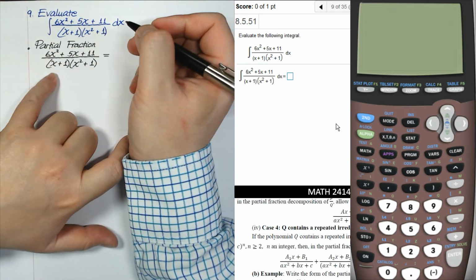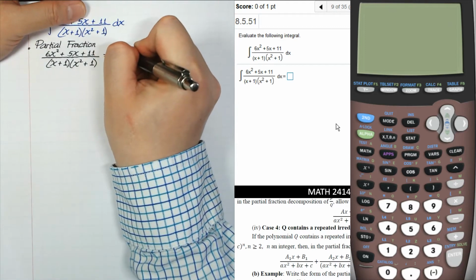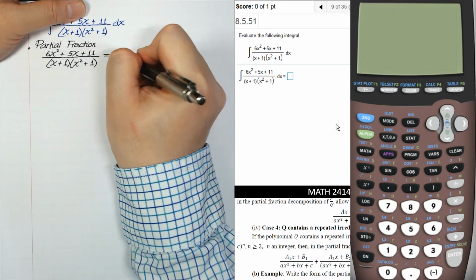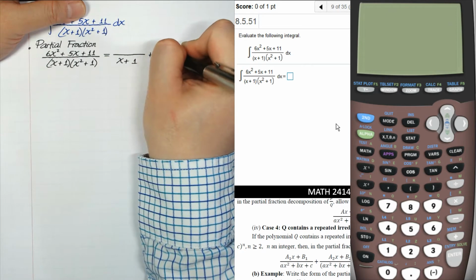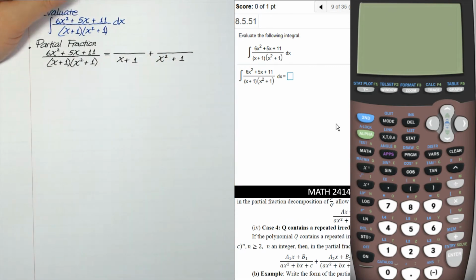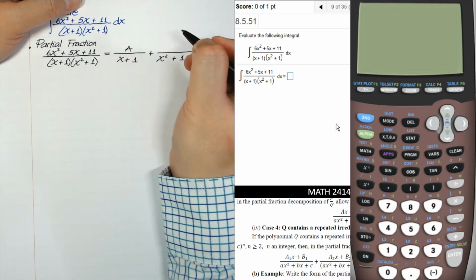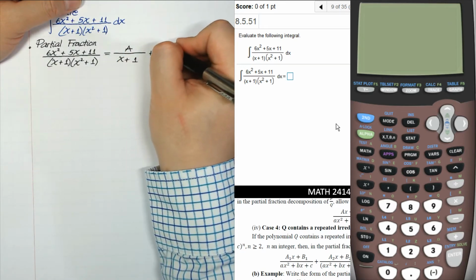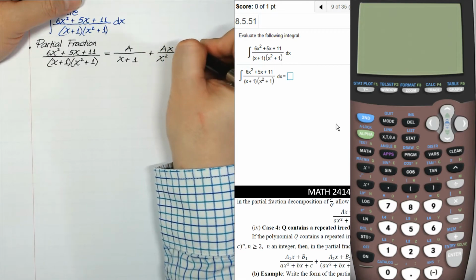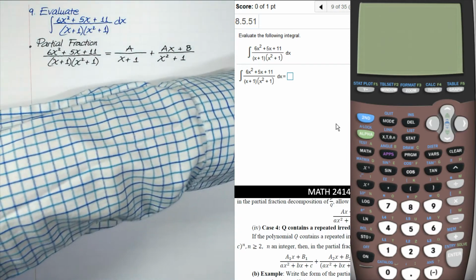Right. So we have a factor, the linear factor and quadratic factor of multiplicity of 1. So we only need one fraction for each. The top, if it is linear, we just need the constant. If it is quadratic, we need a linear function. So degree on top is 1 less than the bottom for that.